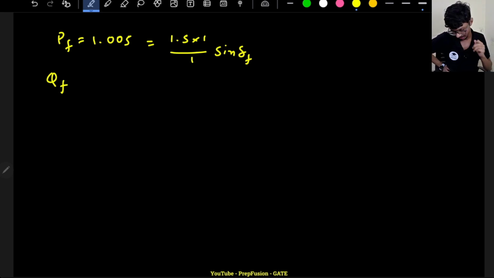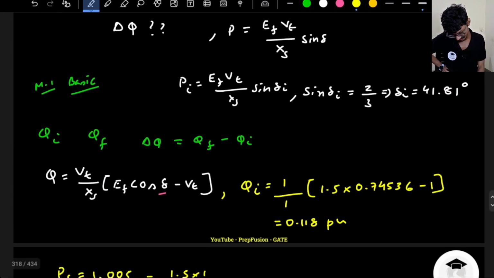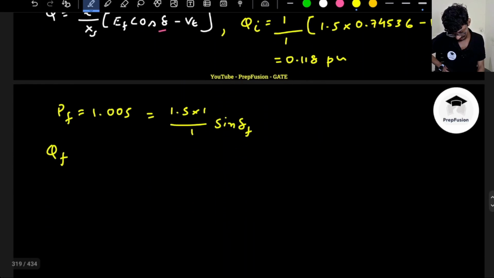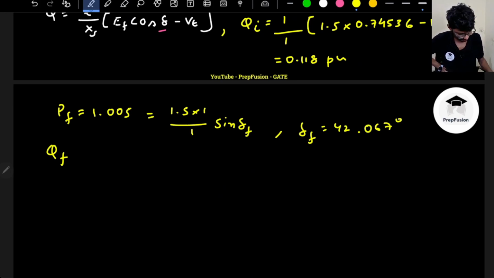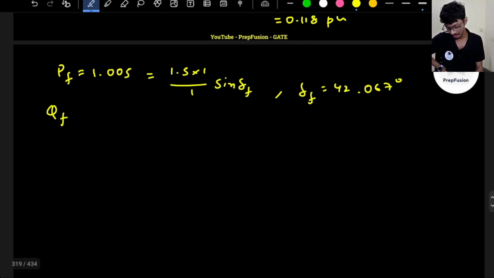Delta f comes out to be 42.067 degrees. It has changed, so delta dash has changed now.